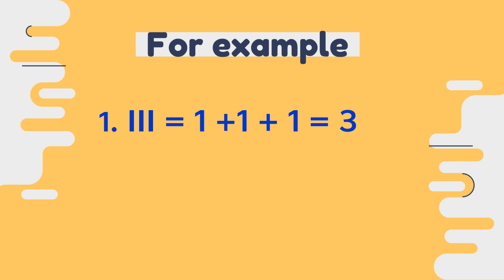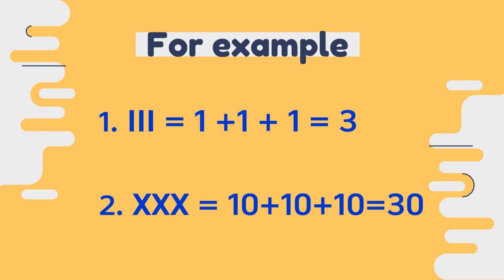As we know, the value of capital I is 1. We need to add the value 3 times. That is 1 plus 1 plus 1 is equal to 3. So, the Hindu-Arabic number for the given Roman numeral is 3.